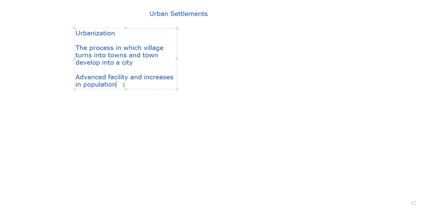And then if we talk about the United Kingdom, they give the status of urban settlement on the basis of non-agricultural activities, and the area must have more than 2,000 houses.